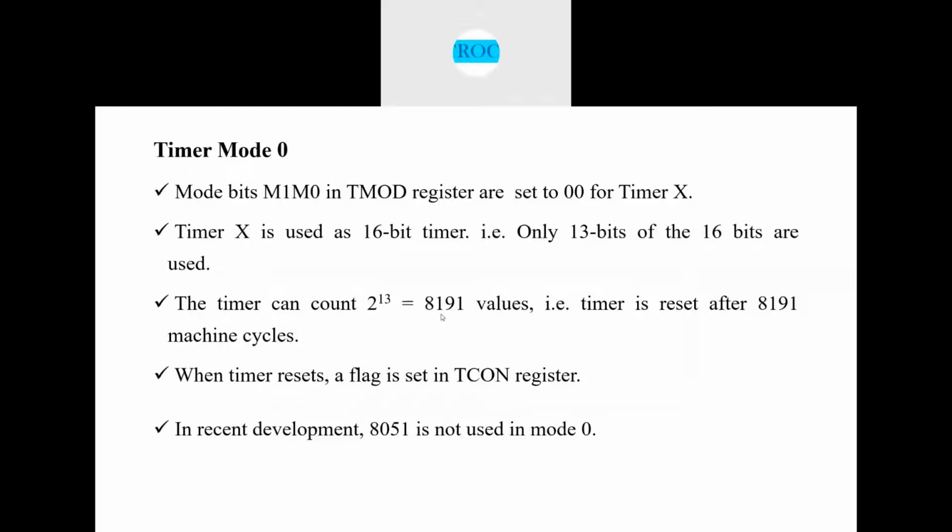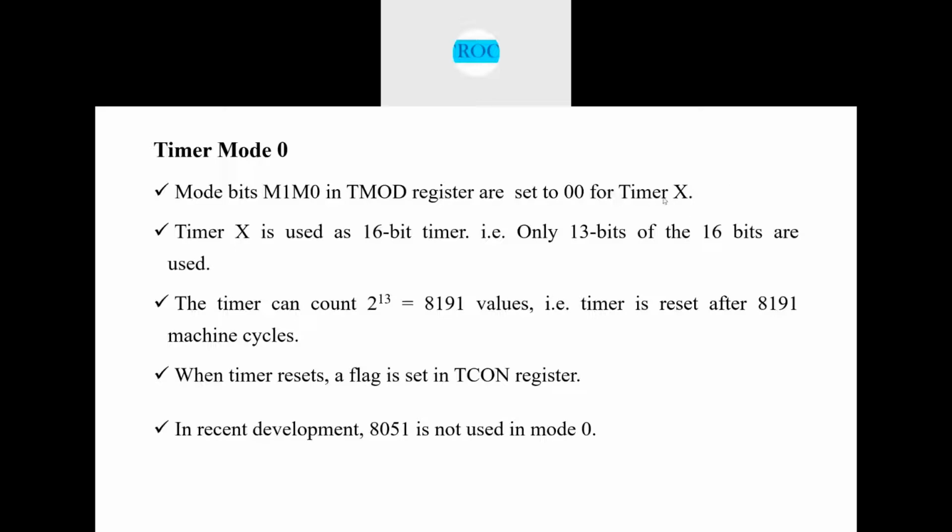Since it is only 13 bits, the maximum machine cycles it can count is 8191. Whenever it reaches this value, it will overflow to 0 0, and it will set the overflow flag in the TCON register.